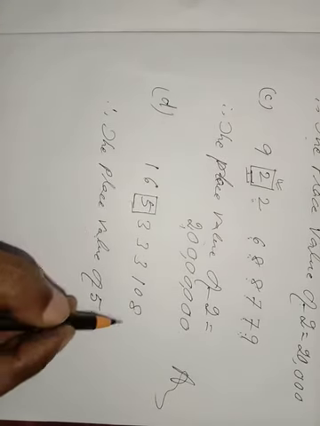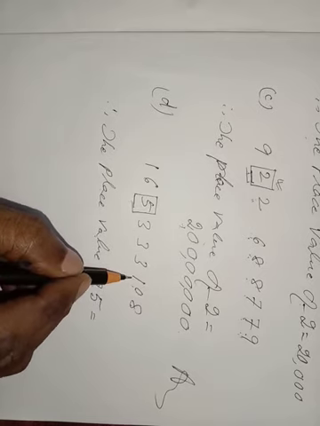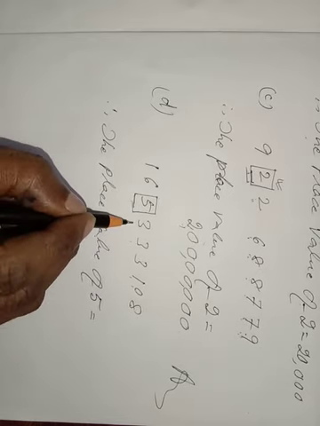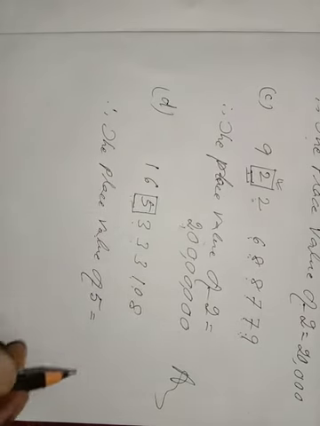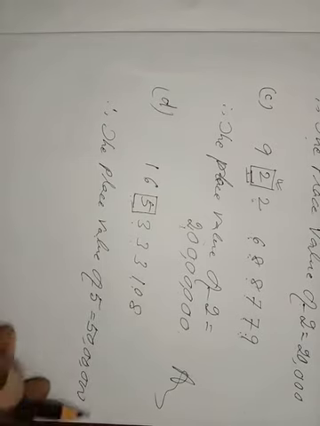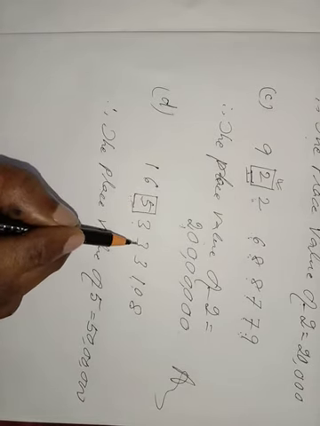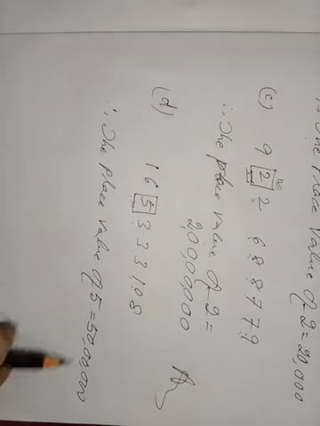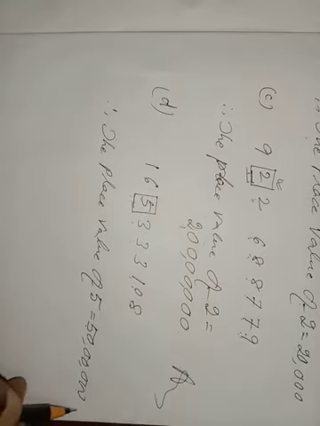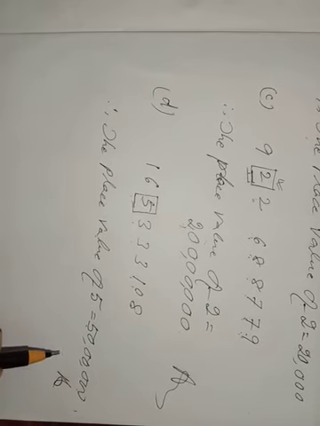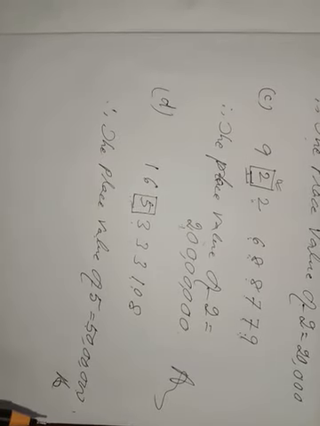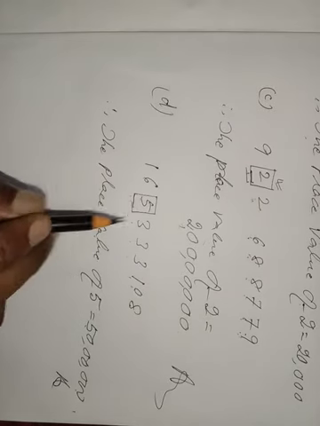First we have to see 1's place, 10's place, 100, 1000, 10,000, lakh, 10 lakh. Means 50. See how I am writing here. After 5, how many zeros do I have to write? 1, 2, 3, 4, 5, 6. Total 6 zeros I am writing. The answer is 50 lakh. I think it is clear for you. Number 1, A, B, C, D: you only have to write the place value of each given digit. Hope you are able to understand all the parts of number 1.